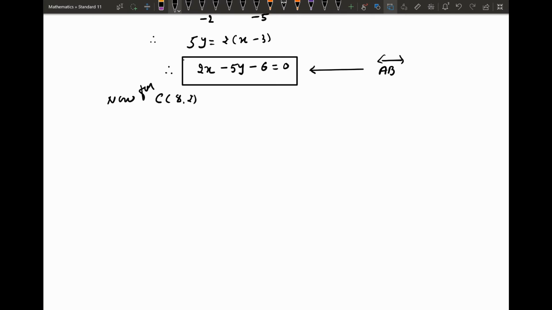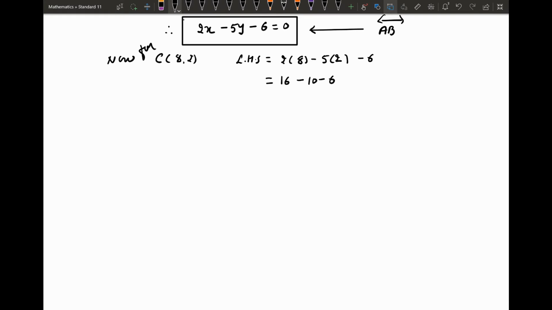Now for C (8, 2), LHS: put x coordinate 8, 2 into 8, minus 5 into y, y coordinate is 2, minus 6. So 16 minus 10 minus 6, you can check this one is 0, that is RHS. So the remaining coordinates satisfy the equation of line AB.